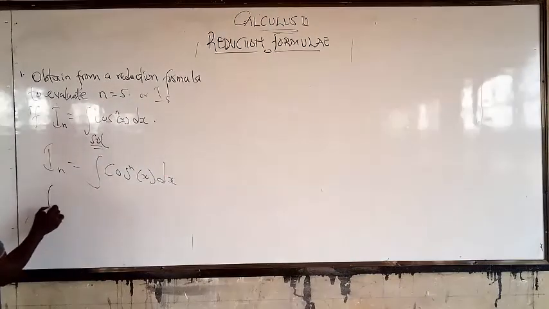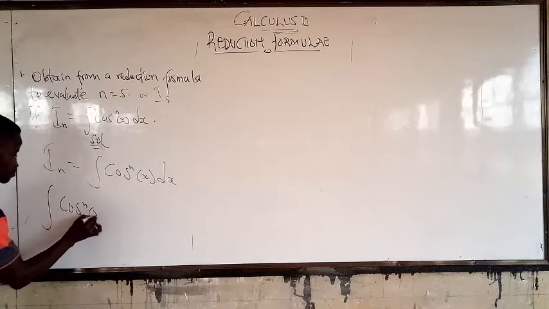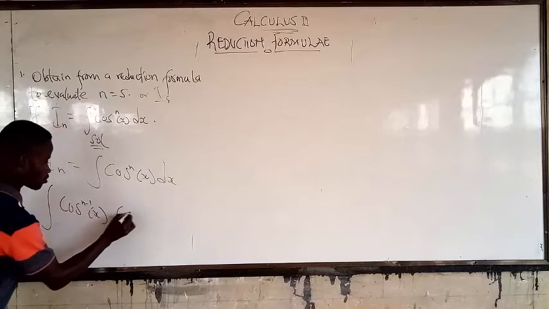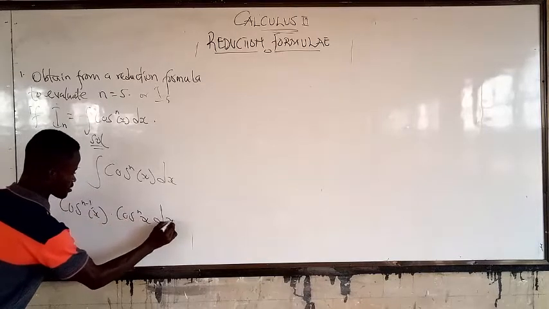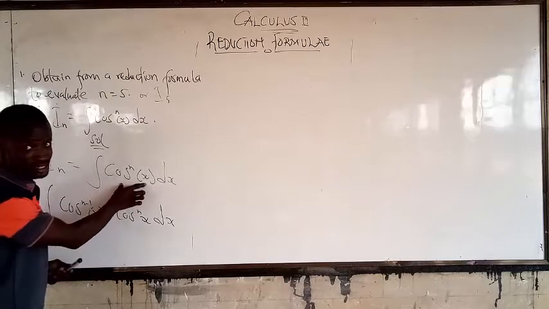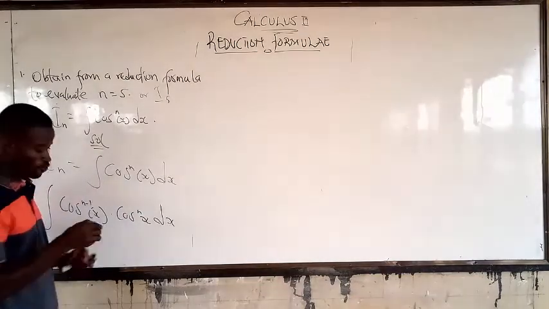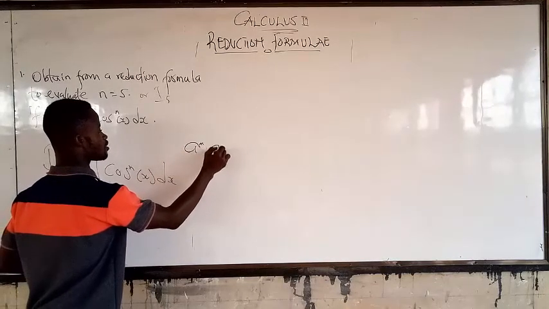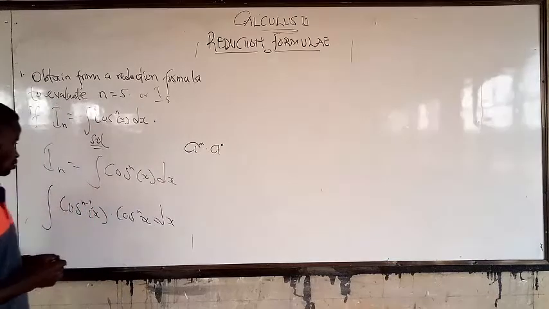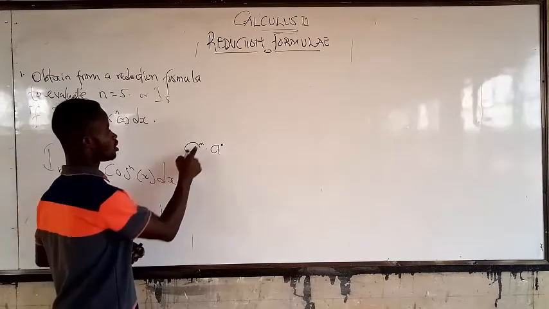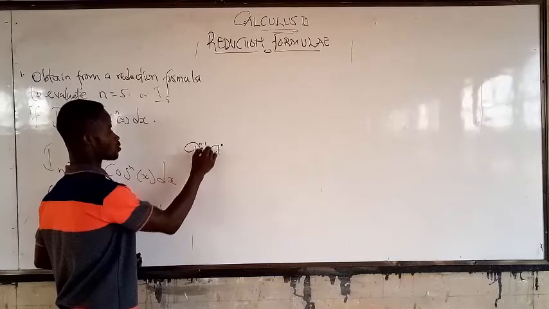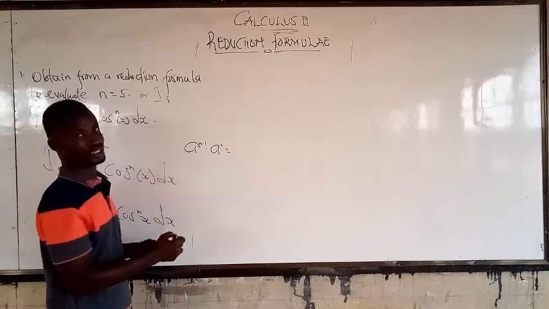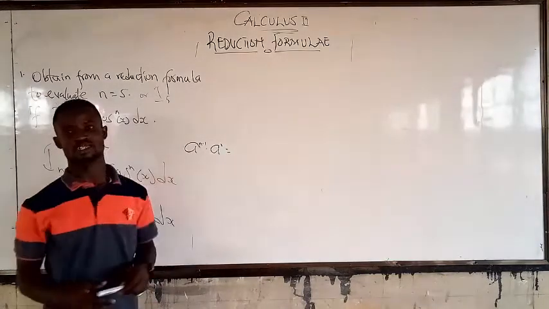So here, we can rewrite this as the integral of cos^(n-1) x cos x dx. Having this is the same as this; you know this from indices: a raised to the power n minus 1 times a raised to the power 1.